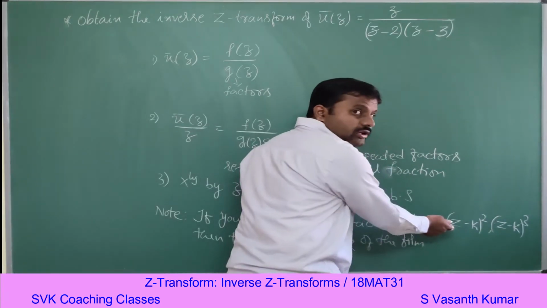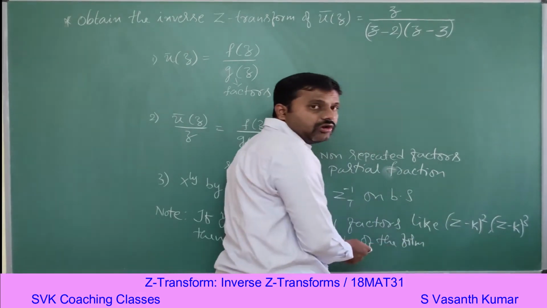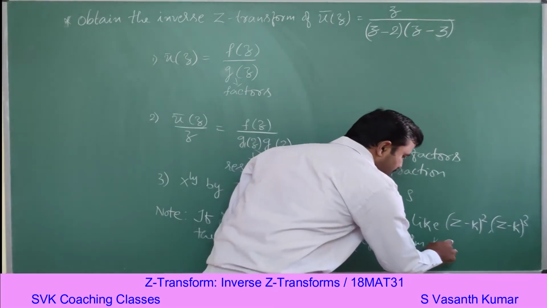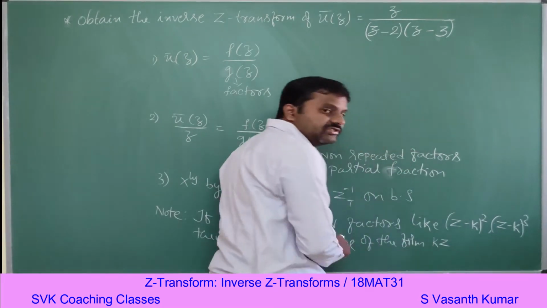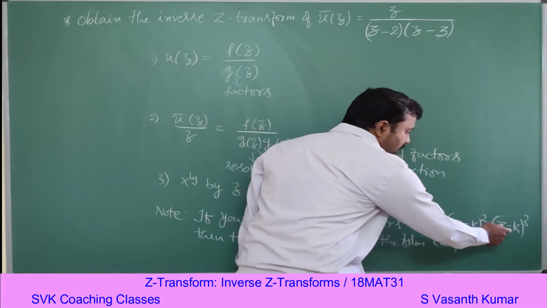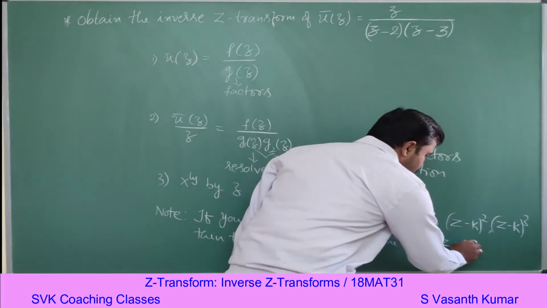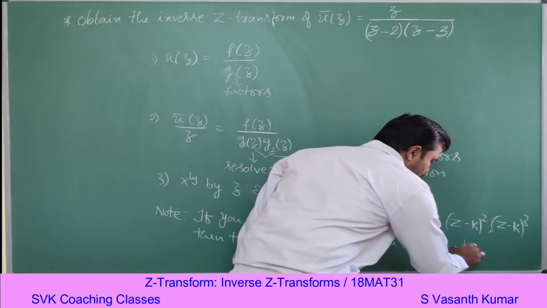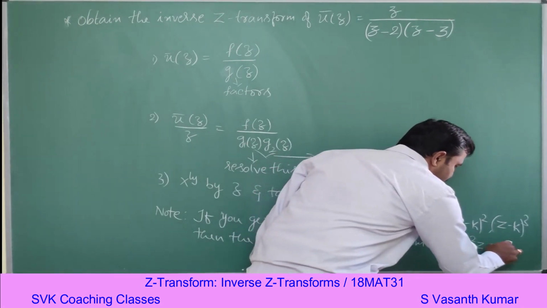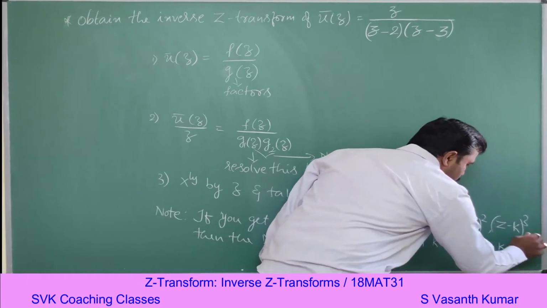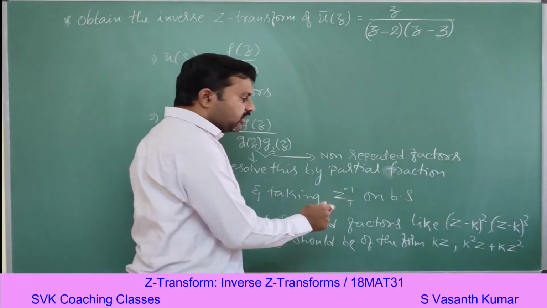When the denominator has (Z minus K) whole square, the numerator should be KZ. And if the denominator is (Z minus K) whole cube, then the numerator should be of the form K square Z plus K Z square.